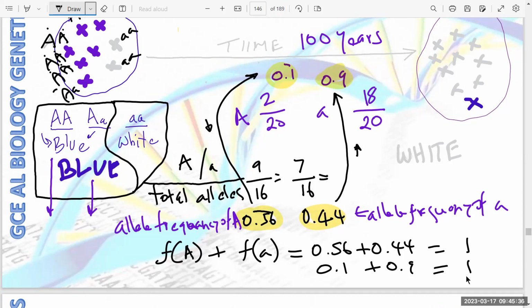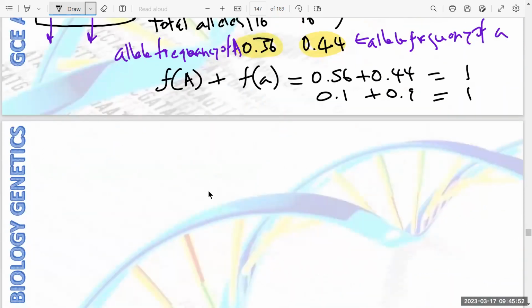If we use a formula in physics or chemistry, you are not going to bother about how the person derived the equation. I remember certain equations like PV equals nRT in chemistry.